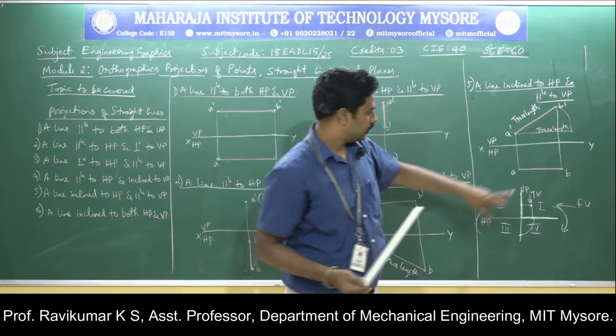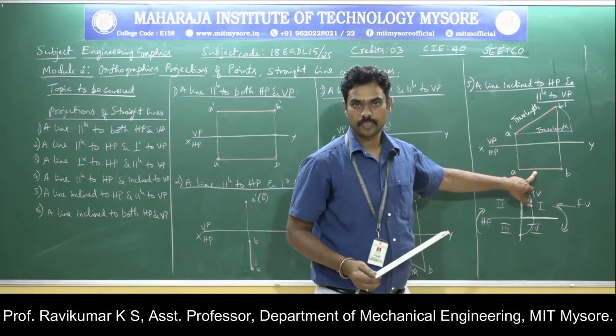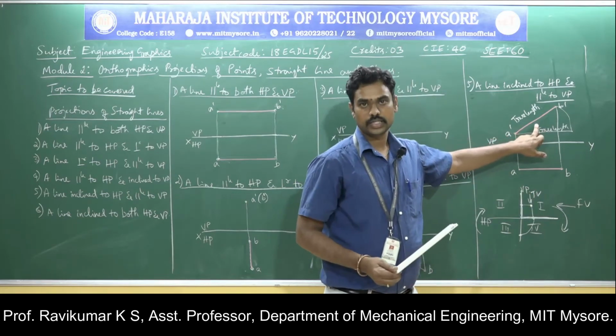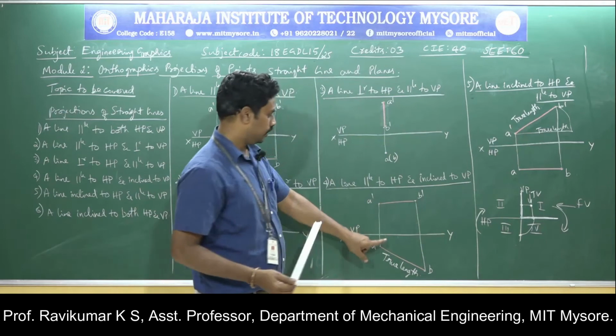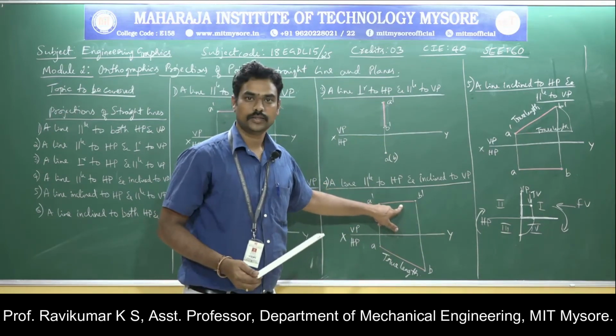This shortened length is called the apparent length, whereas this length is called the true length. Similarly here, this is the true length and this is the apparent length.